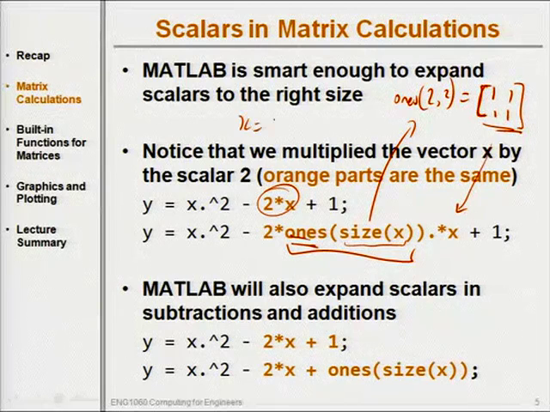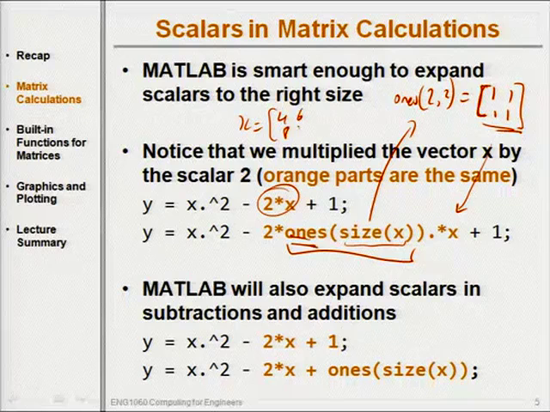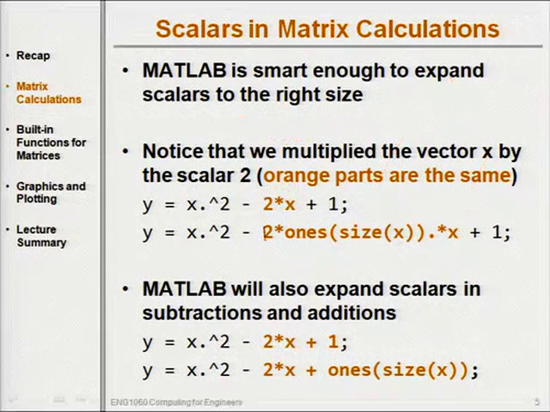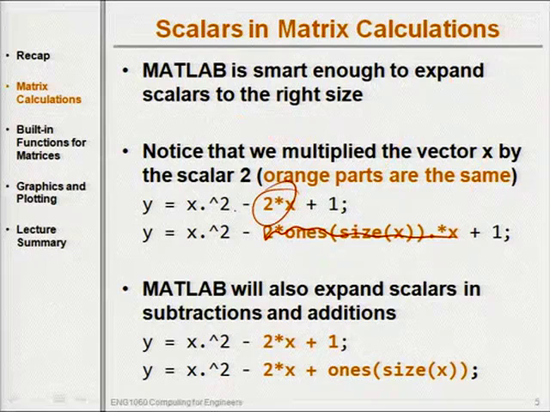If x was, let's say, 4, 6, 8, 9, it will be 1, 1, 1, 1 multiplied by that using a dot operator, and then you have the 2 multiplied by that. So it's effectively the same thing. MATLAB just does it for you. You don't have to see this, you just see that.